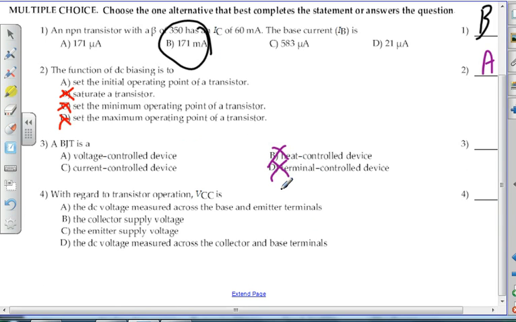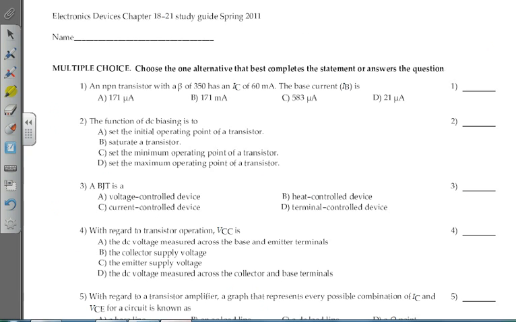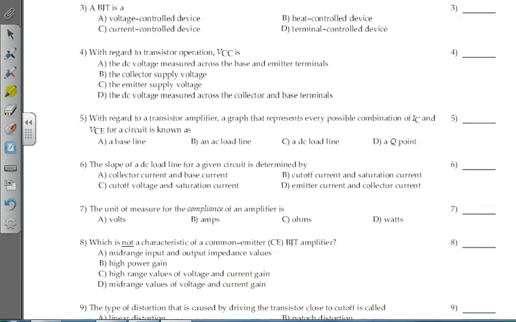Okay, so is it a voltage control or a current control? C, current control is correct. With regard to transistor operation, VCC is the voltage measured across the base to emitter, the collector supply voltage, the emitter supply voltage, the DC voltage measured across the collector terminals. B.